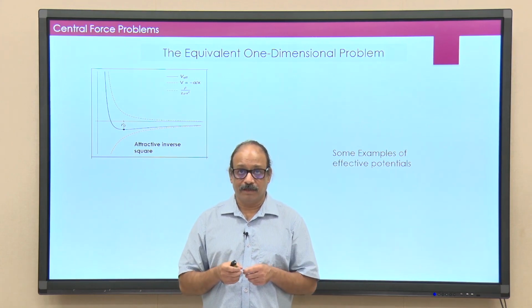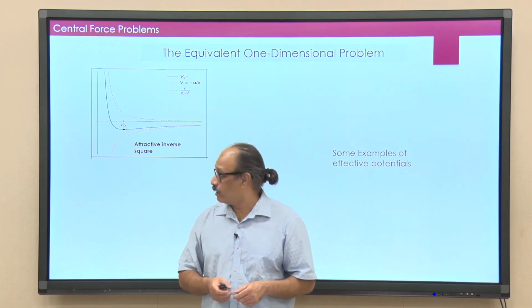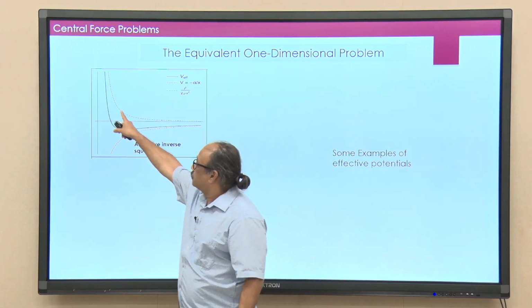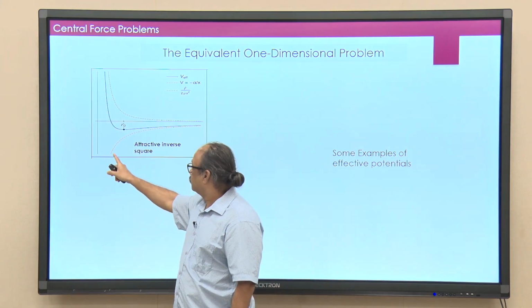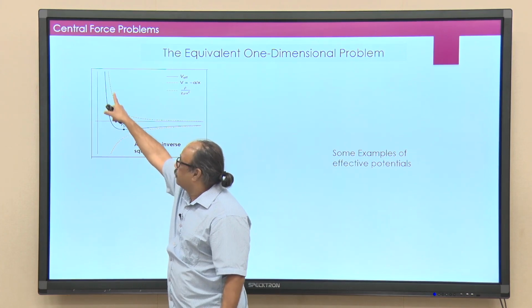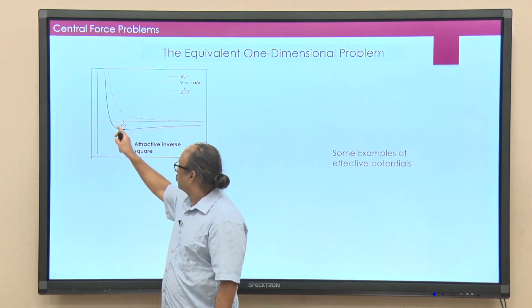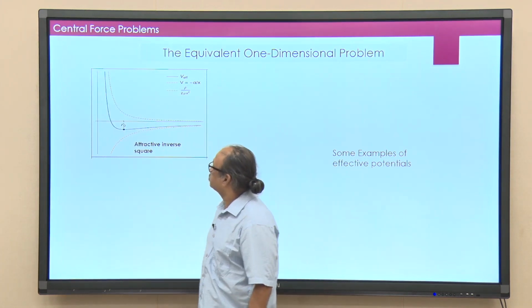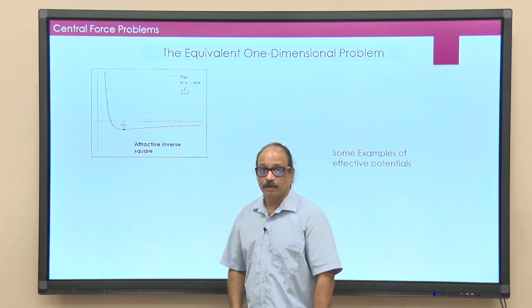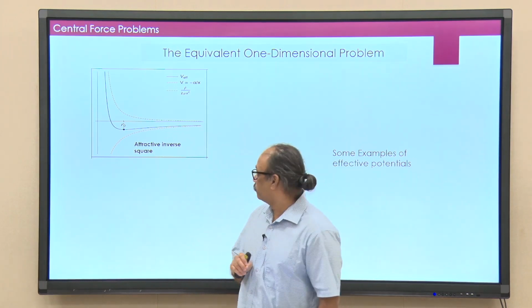When r goes to 0, that is when r is less than 1, 1 over r square will rise much faster than 1 over r, and that is why when you take the sum of these two, what we have is a potential which goes to positive infinity as r goes to 0.